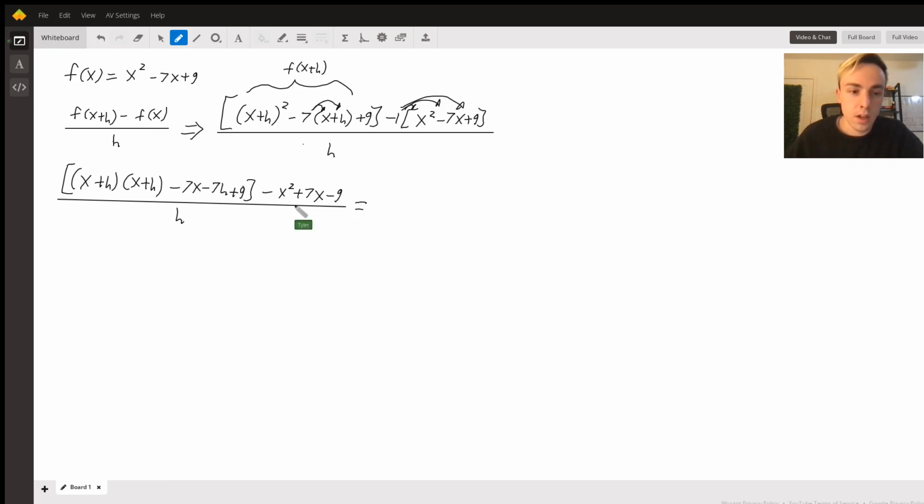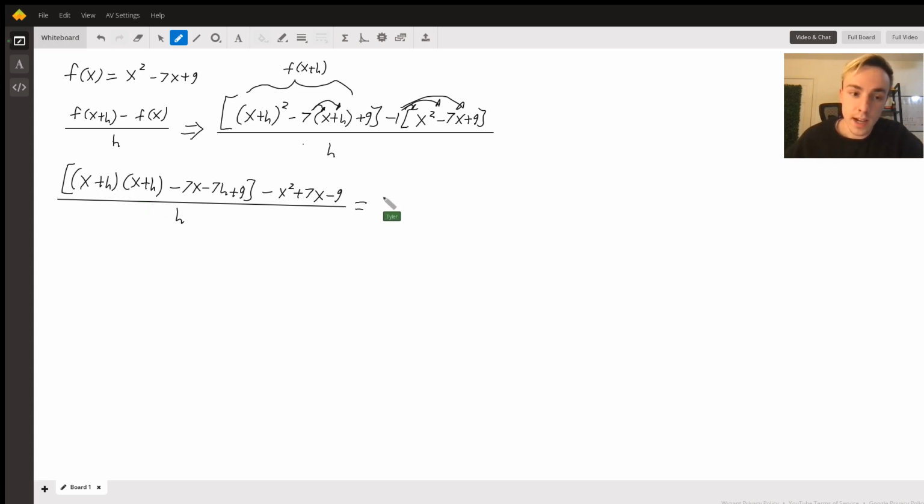Okay. This thing right here, when it distributes out, we're doing double distribution. So we get x squared plus xh plus hx plus h squared. xh and hx are of course the same thing because multiplication is commutative. So we can add these together to get 2xh.